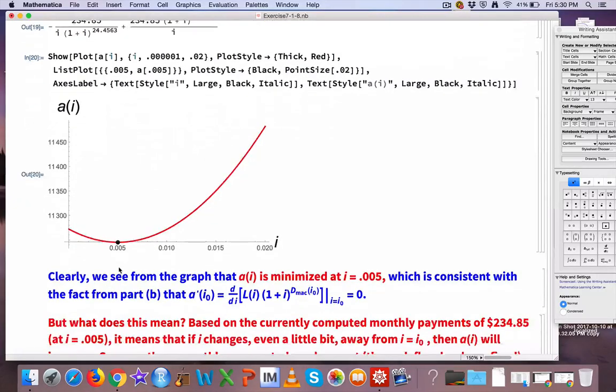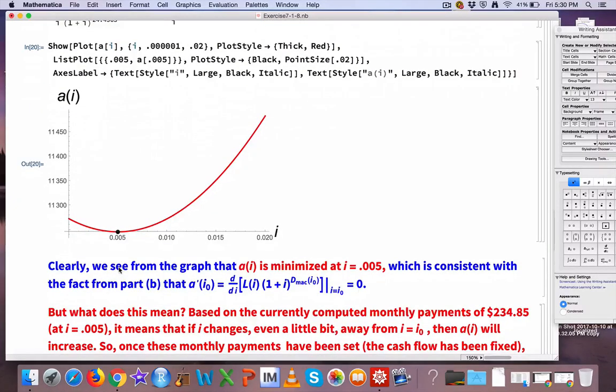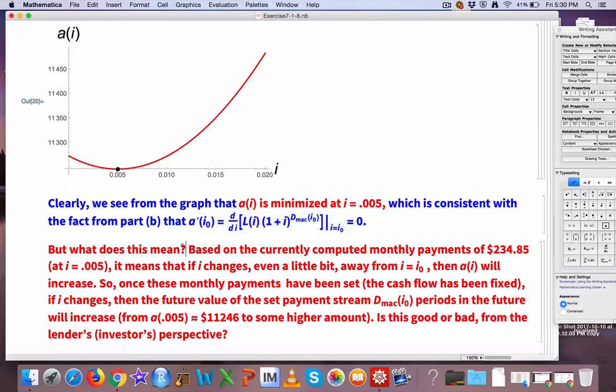So what does this mean? There's the graphical meaning. Clearly, we see in the graph that A of I is minimized at 0.005, which is consistent with the fact from part B that this derivative is equal to 0. But what does this mean? What's the financial interpretation of it?